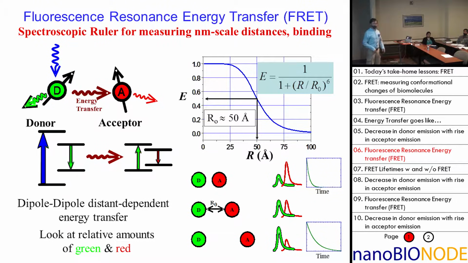What do you think it is from the donor lifetime? What kind of equation can we write? So E is going to be some function of the lifetime of the donor and the lifetime of the donor acceptor. So what do you think it is?